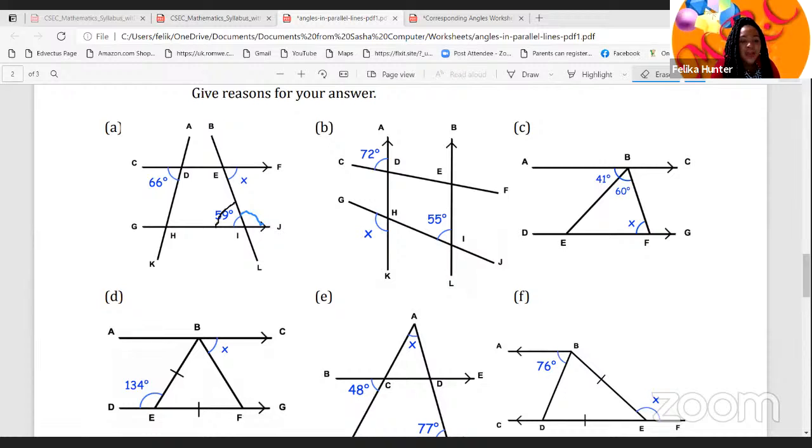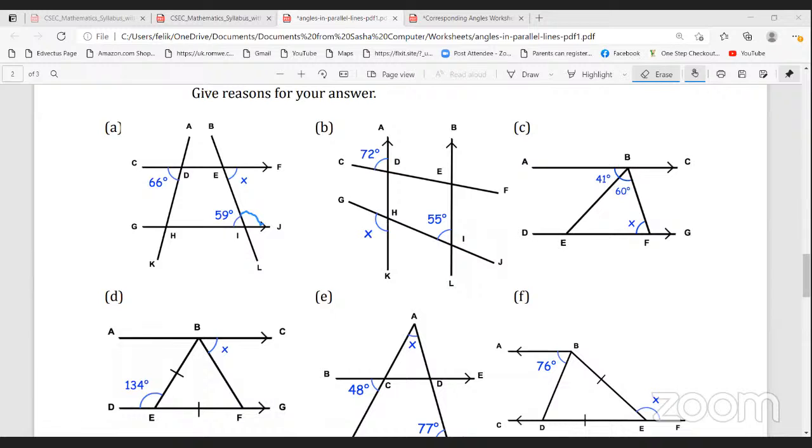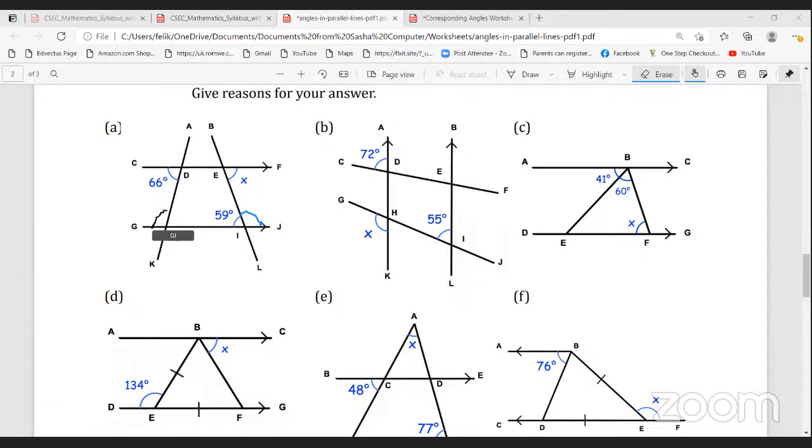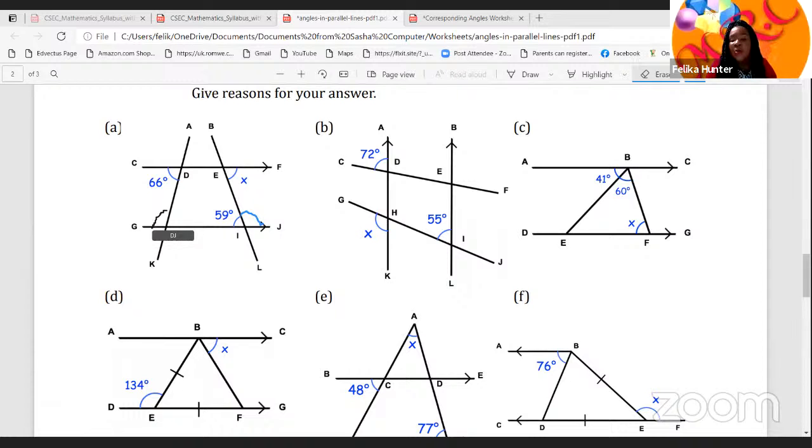Who did the black line earlier? That was DJ. All right, so Marlon is correct. Put in the angle that would be co-interior to 66. Put in the angle that would come over to C now. Put in the angle that would be co-interior to 41 degrees. See, good, beautiful.